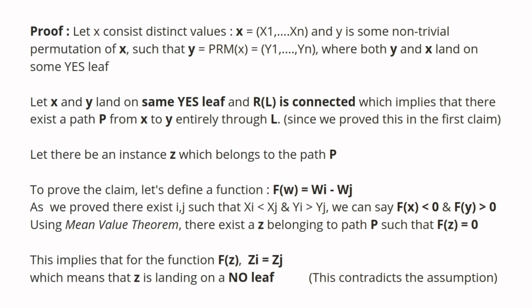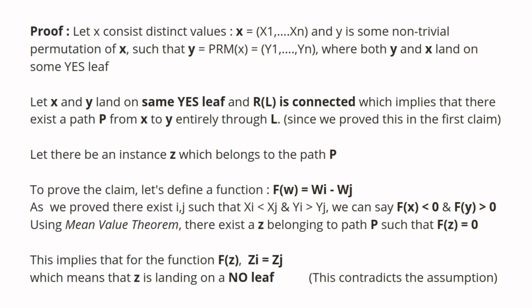So f of x will always be less than 0, and similarly for f of y we will have y of i minus y of j, and since y of i is greater than y of j, it will always be a positive value. So we have f of x less than 0 and f of y greater than 0.